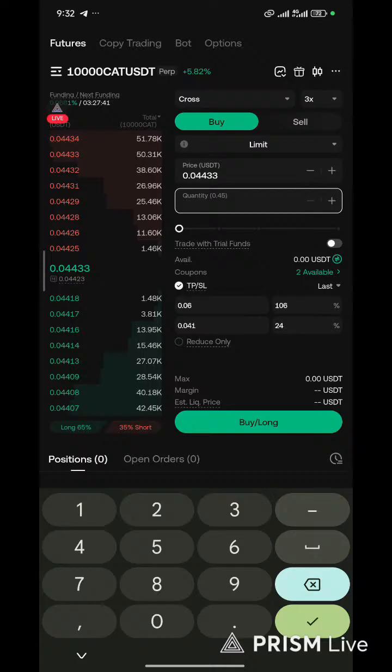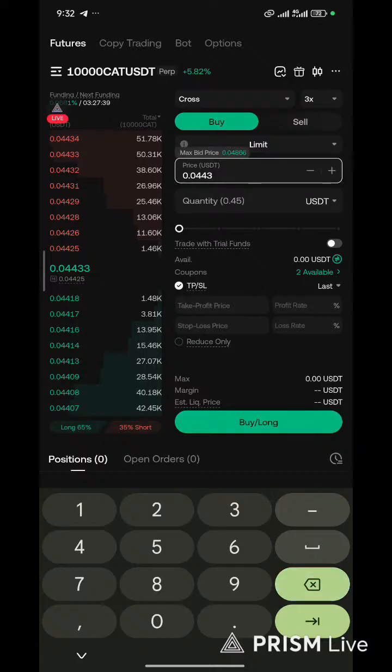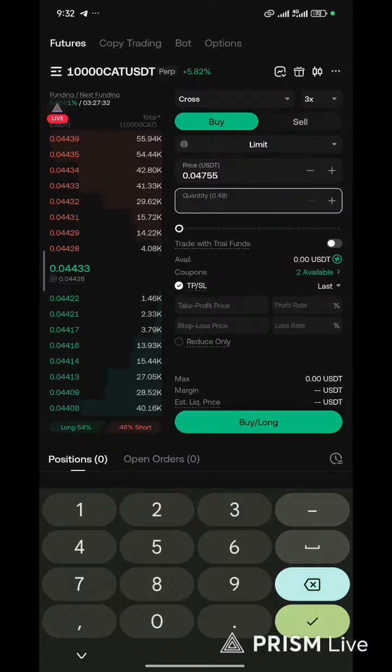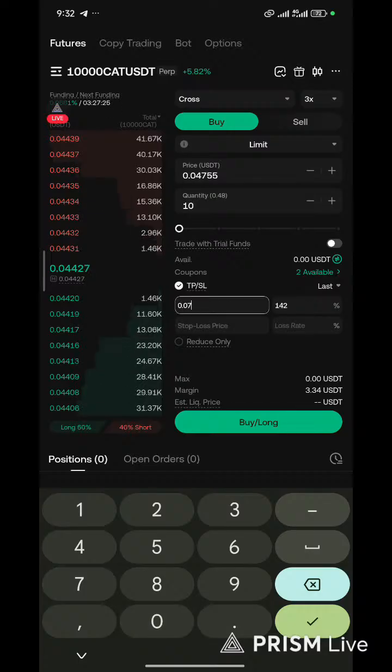And I say I'm going to enter this trade when the market is at 0.4755, right? And if I'm entering this trade with $10, with stop loss at 0.041, have you seen it?